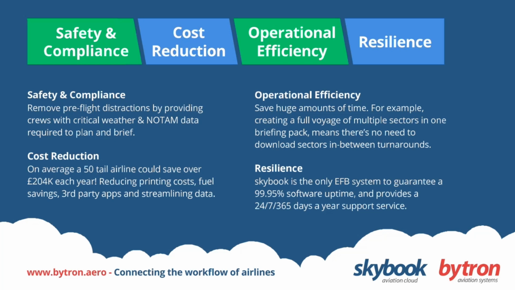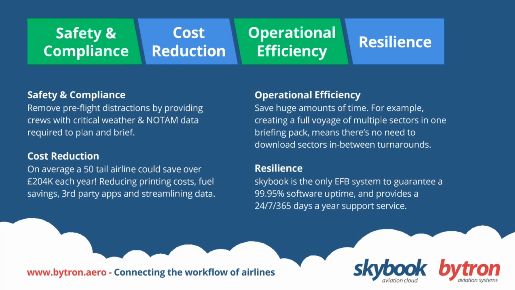So within safety and compliance, Skybook removes pre-flight distractions by providing crews with critical weather and NOTAM data required to plan and brief effectively. Cost reduction, so on average, like Sean mentioned before, a 50-tail airline could save over 200,000 each year, reducing printing costs, fuel savings, third-party app reliance, and streamlining all that data.